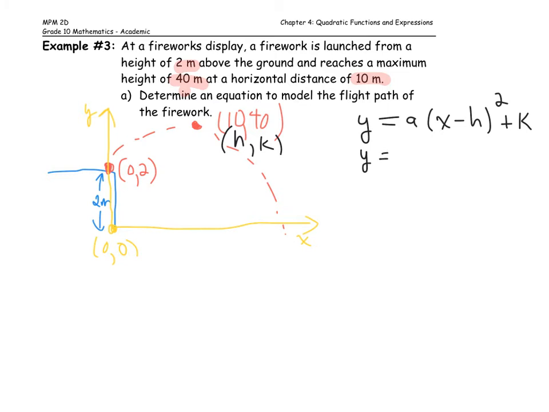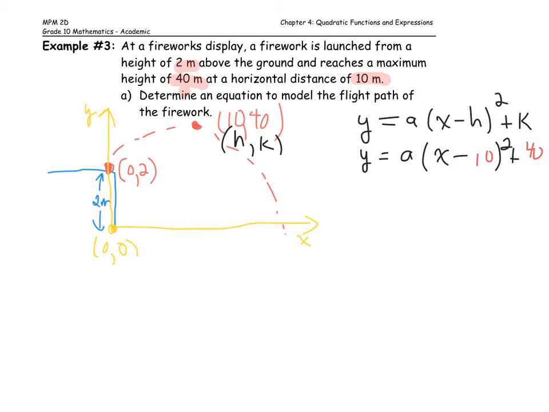So y is equal to a times x minus 10 all squared plus 40. And there's nothing for me to clean up there.